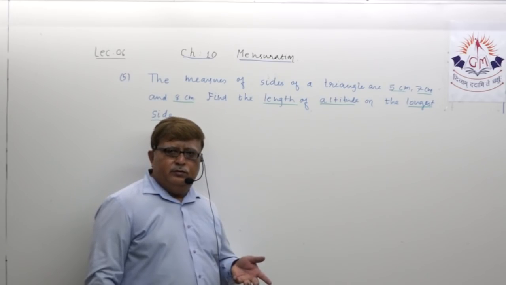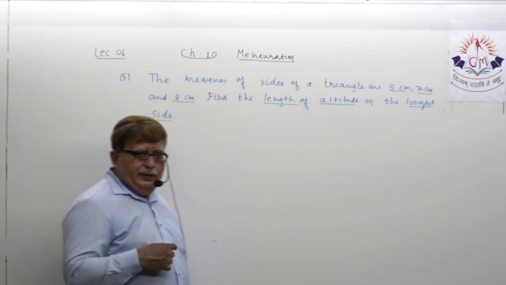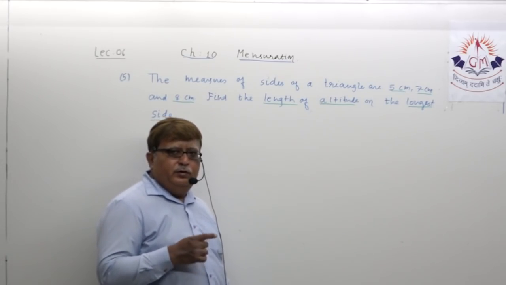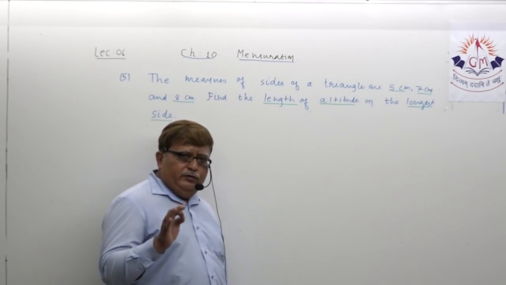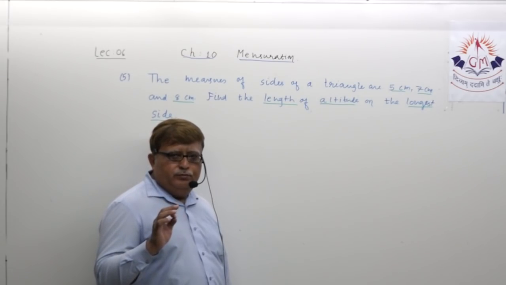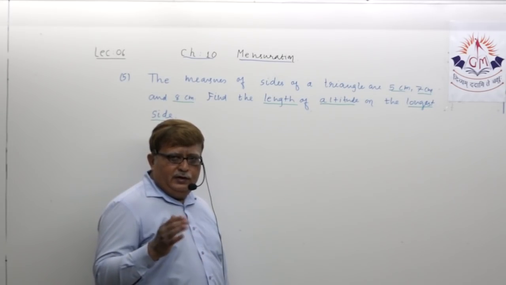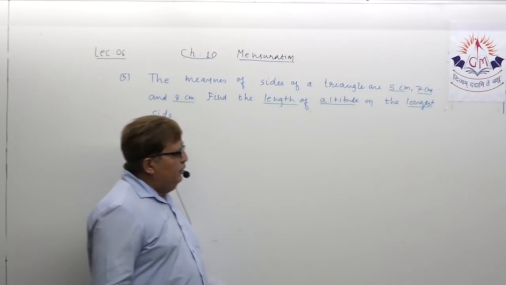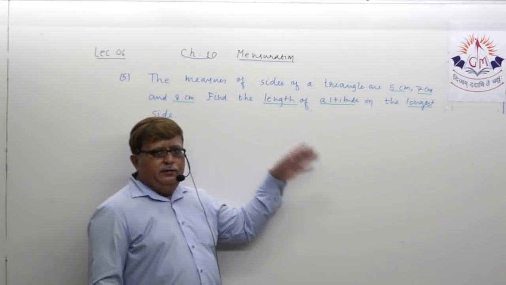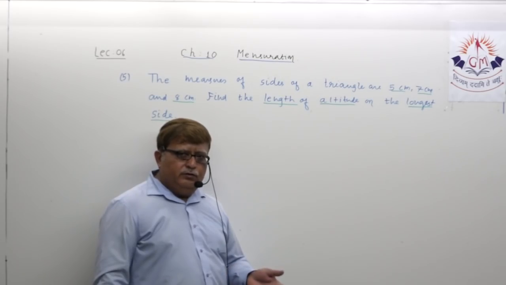Nowhere mentioned. Actually, when you read the textbook, there are some such examples where they are specifying, considering you students of standard 8, the data given in the textbook is like find area and then find the length of altitude on the longest or shortest side.